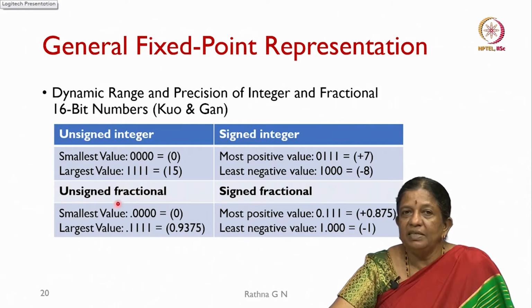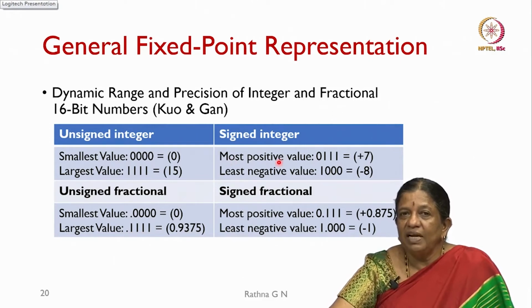And for the unsigned fractional number, the smallest is 0, and the largest value I can have is 1111, which is 0.9375.